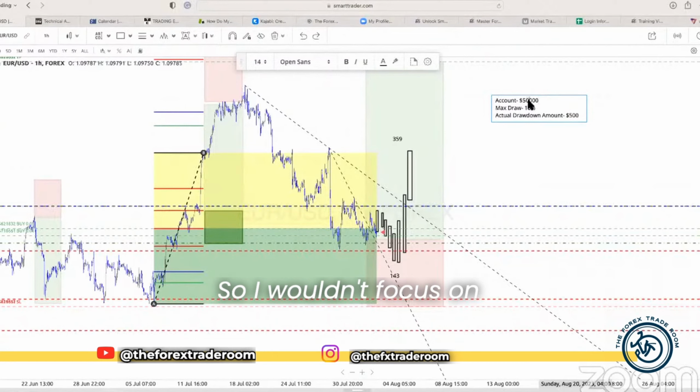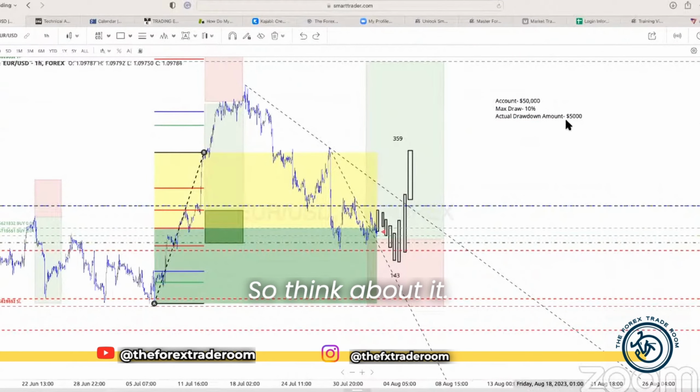To make it super simple, I wouldn't focus on the size of the account. I would focus on what the overall drawdown limit is in that account, because that's really what you're actually trading, right? So think about it.